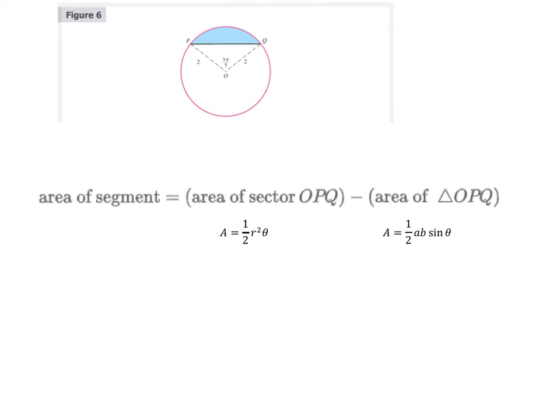So what I'm going to first do is find the entire thing, this whole piece, area of sector, and subtract away the shape we know. And I definitely can find the area of a triangle. So once I take that out of it, I'm left with the blue shaded area.